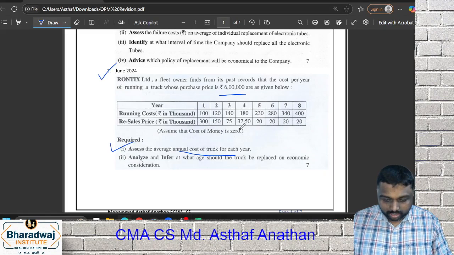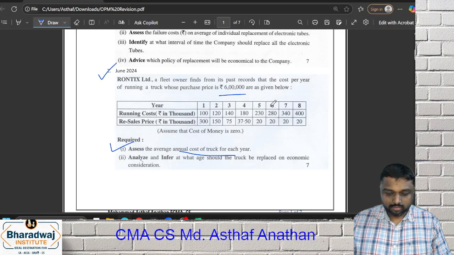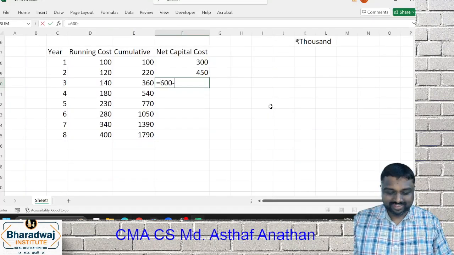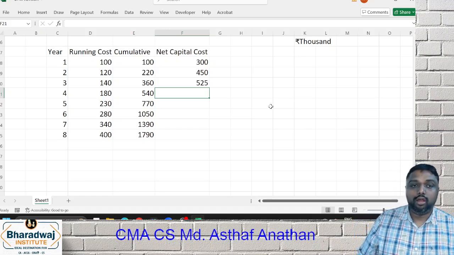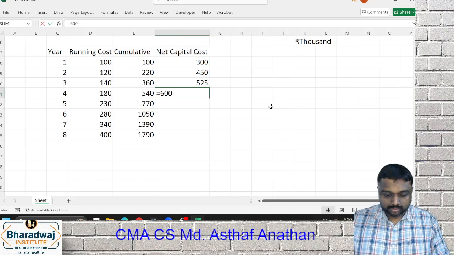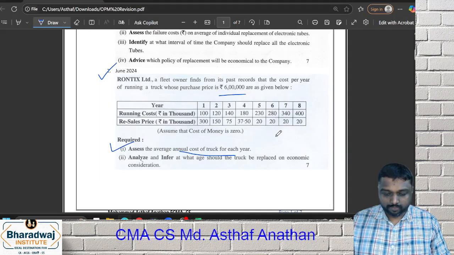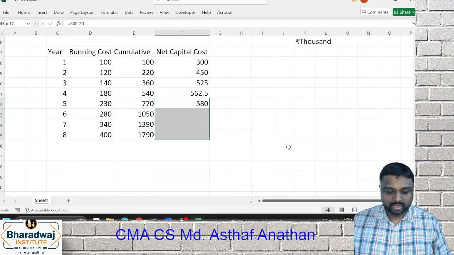Next, 600 minus 115. 600 minus 75. As all of you know, net capital cost is purchase price minus scrap value. Next, 600 minus 37.5. Next, 600 minus 20. From here onwards, everywhere it is the same number.